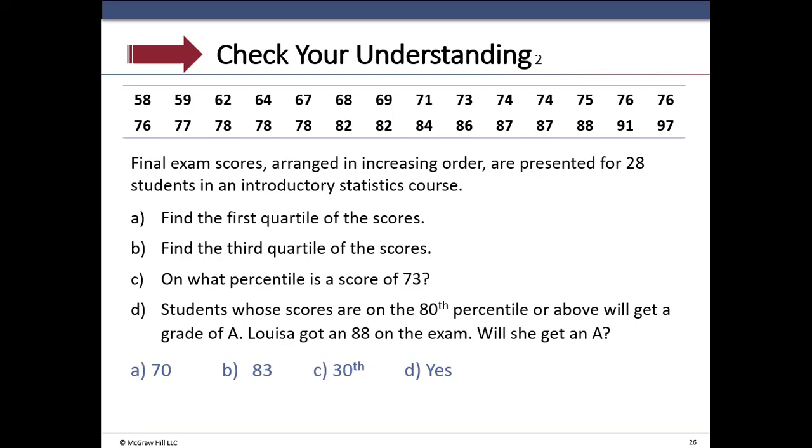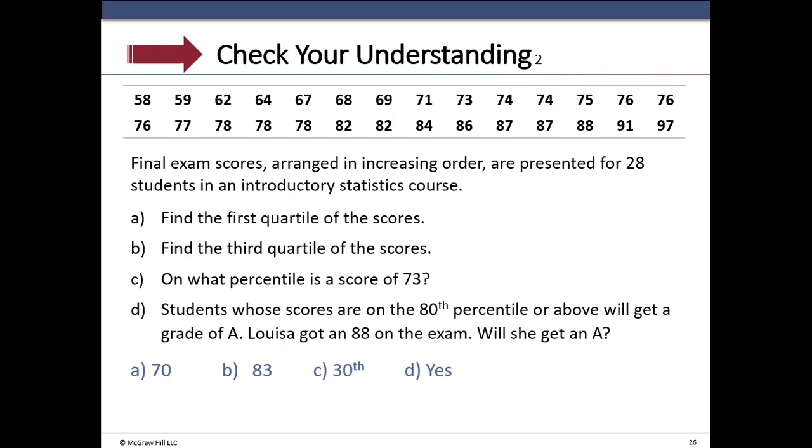So what is the percentile position of 88? We are given 88. How many numbers are below 88? It's 1, 2, 3, 4, 5, 6, 7, 8, 9, 10, 11, 12, 13, 14, and then 15, 16, 17, 18, 19, 20, 21, 22, 23, 24, 25.